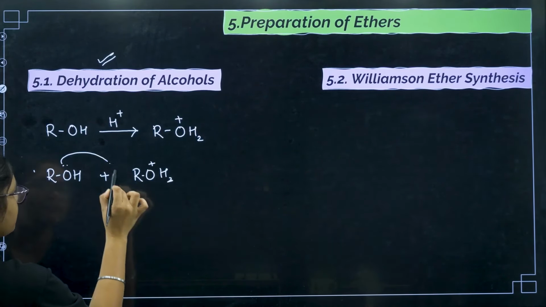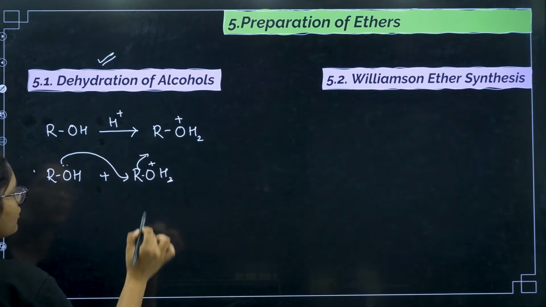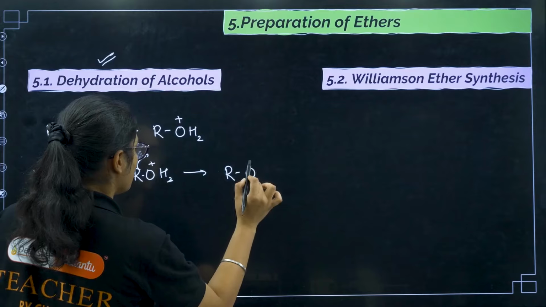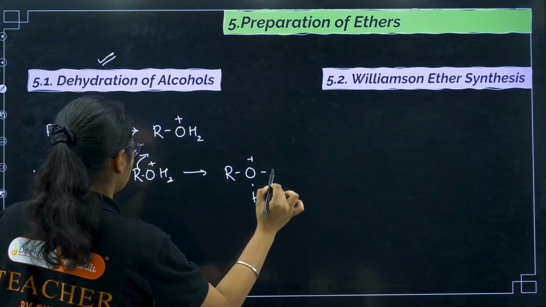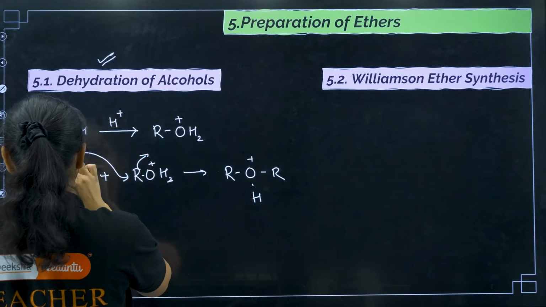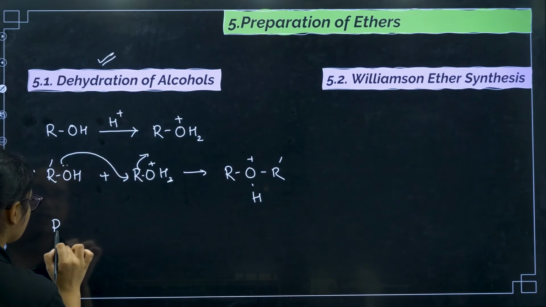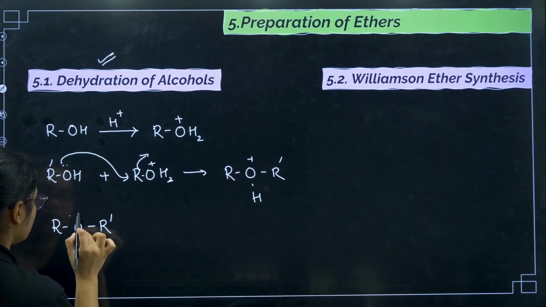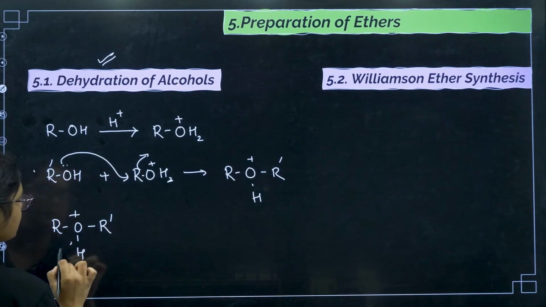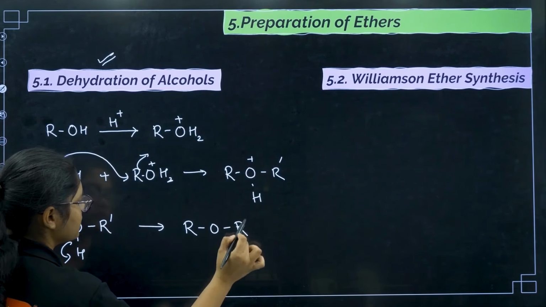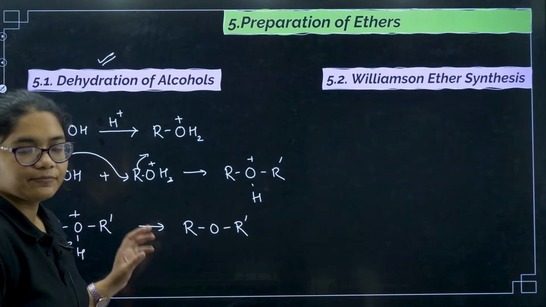What will happen, this one will attack on this one and this bond will break. So what I have now, R-O plus H and R, suppose this is, I'm writing R dash, so this is like this. Now what will happen, there will be deprotonation. Okay, it is like this. What will happen, this bond will go and we will get ROR dash. Clear?